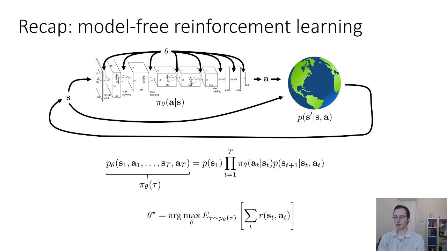So in the algorithms that we've discussed so far, we've assumed a model-free formulation, meaning that we do not know p of s_t+1 given s_t, a_t, and not only that, but we don't even attempt to learn it. So these were all algorithms that managed to get away with only sampling from p of s_t+1 given s_t along full trajectories, without ever needing to actually know what the probabilities were or ever needing to make predictions about, for example, what would have happened if you had taken a different action from the same state.